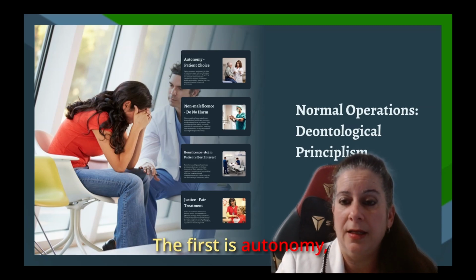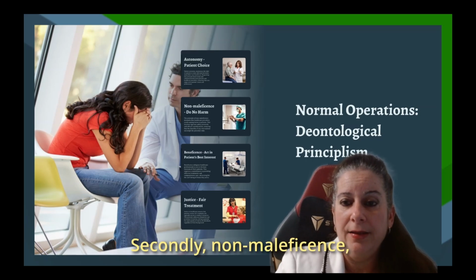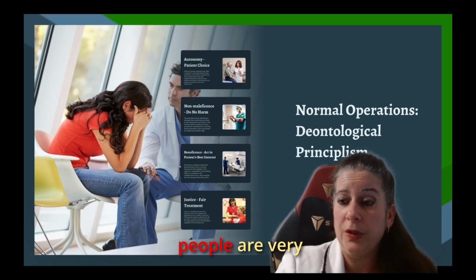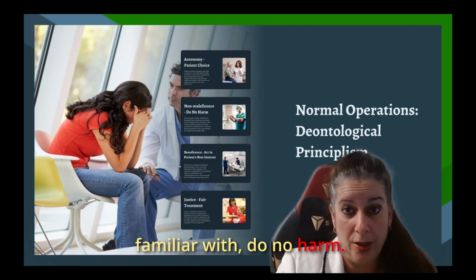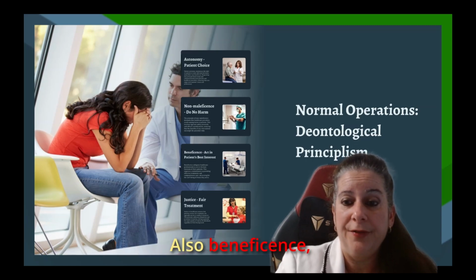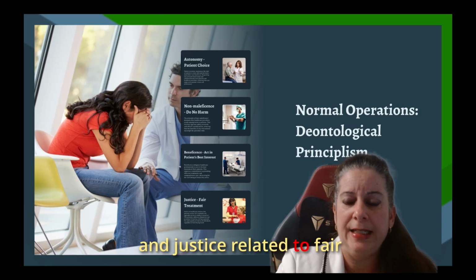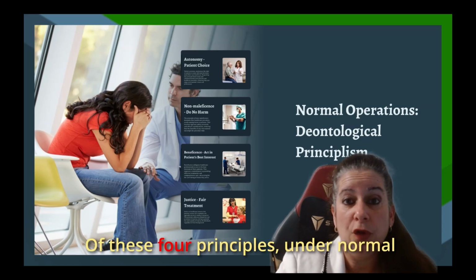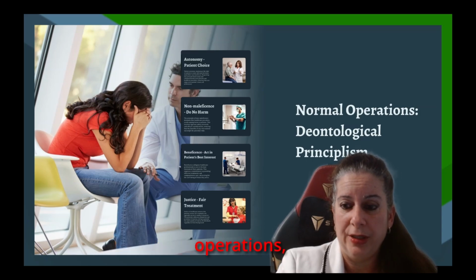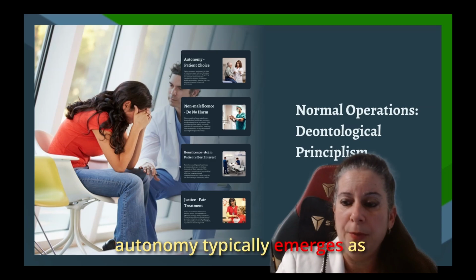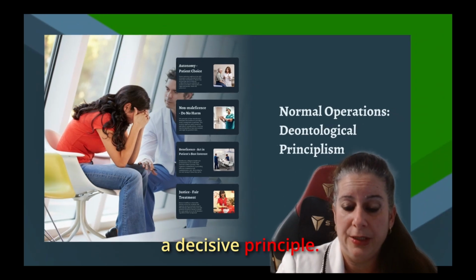The first is autonomy, which relates to patient choice. Secondly, non-maleficence, which most people are very familiar with, do no harm. Also, beneficence, to act in the patient's best interest, and justice, related to fair treatment. Of these 4 principles, under normal operations, autonomy typically emerges as the decisive principle.